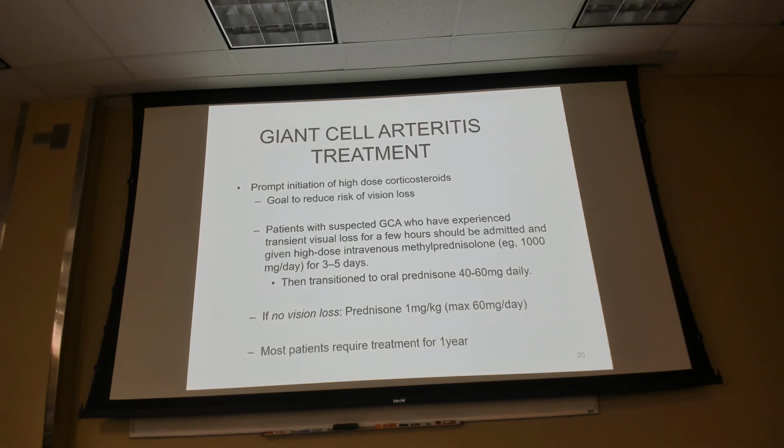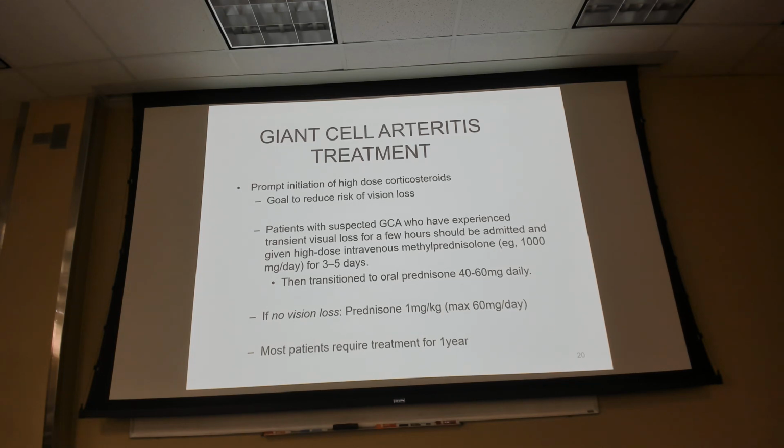If they've had some of that, then we would have to admit them to an ICU so that we can give them a high dose of IV steroid, and then transition them as they're leaving to oral prednisone. If there is no vision loss, then we don't have to admit them. We would just prescribe the medication that they would be going home with.